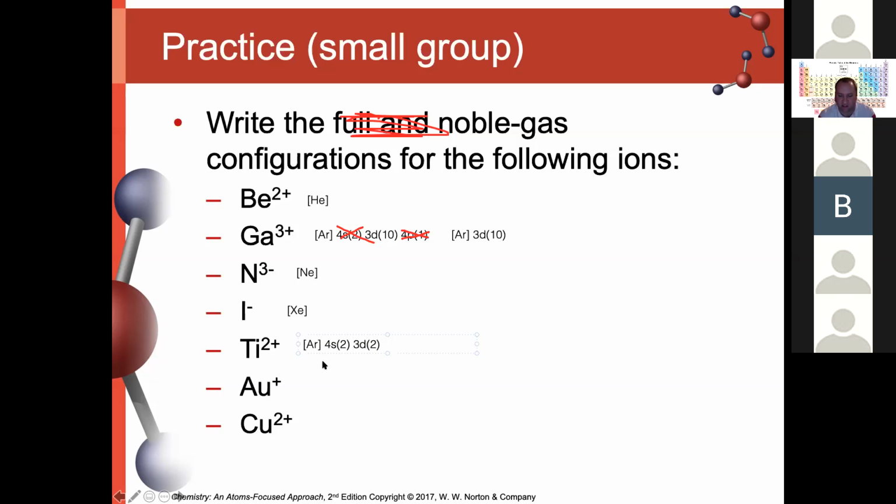This is the same argument that we had in the gallium. Do I take from the 3rd energy level or the 4th energy level? It makes sense to go by where it's located. I'm going to take from the 4th energy level because it's higher in energy. The electrons are further from the nucleus.